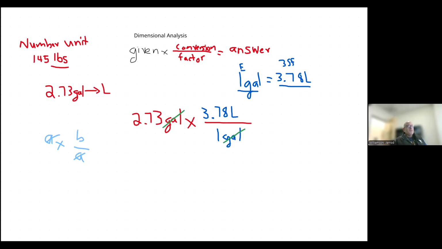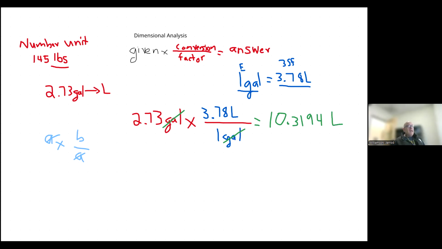And I'm going to be left with 2.73 times 3.78 liters divided by 1. So when I multiply those, I go 2.73 times 3.78 divided by 1. And that's going to give me 10.3194 liters.